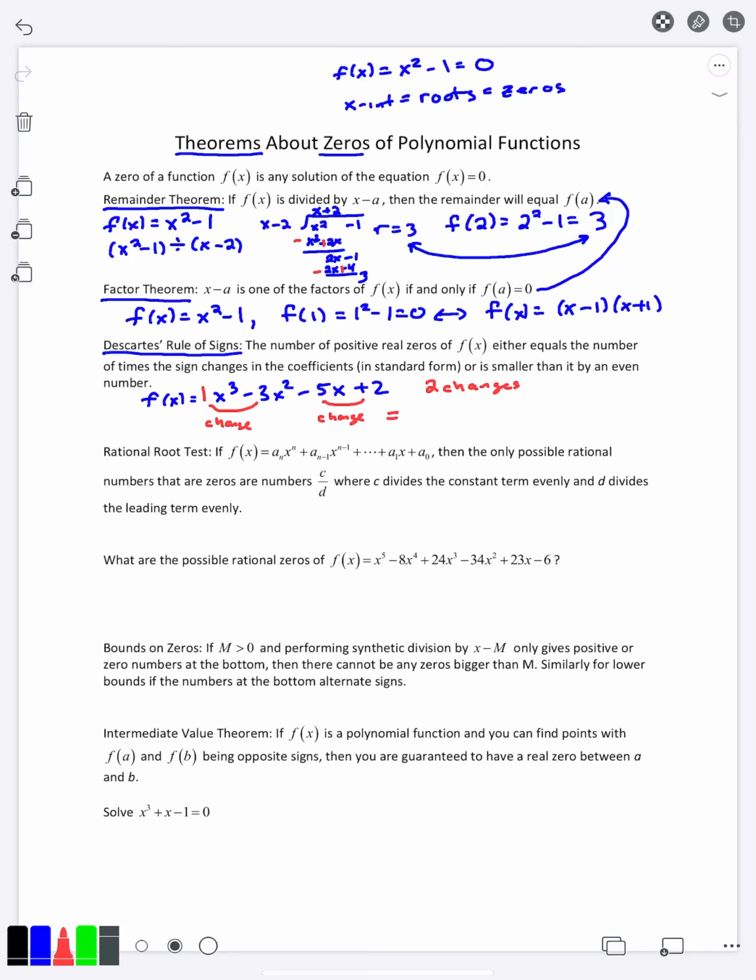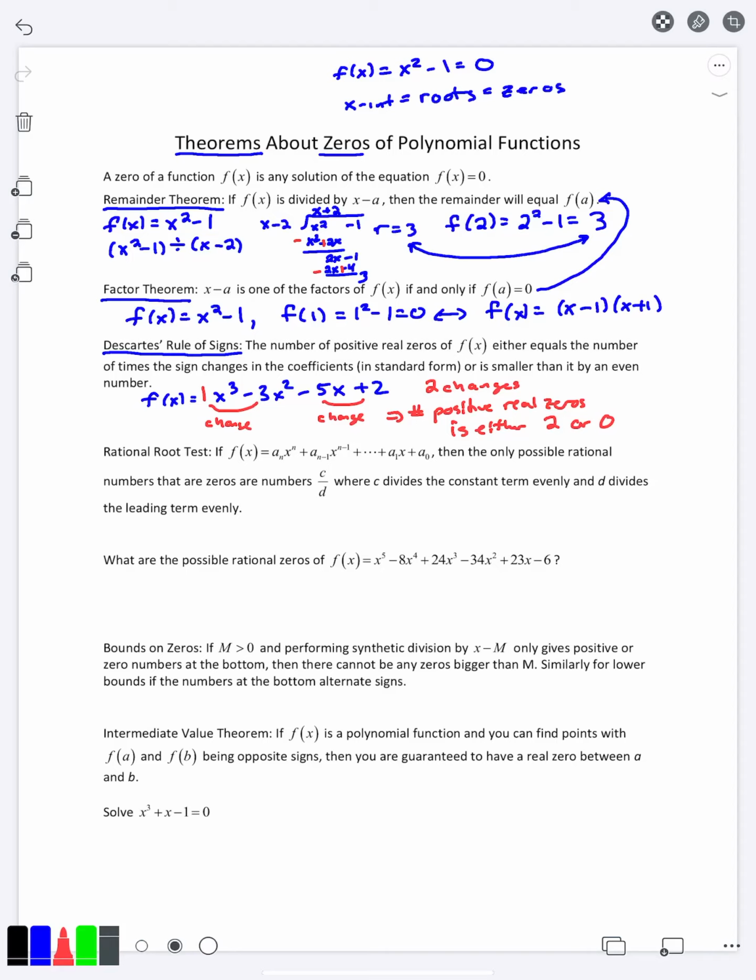And what that means is that the number of positive real zeros is either the number of changes, 2, or it has to be smaller than that by an even number. Well, the only thing that's smaller than that by an even number is going to be 0.